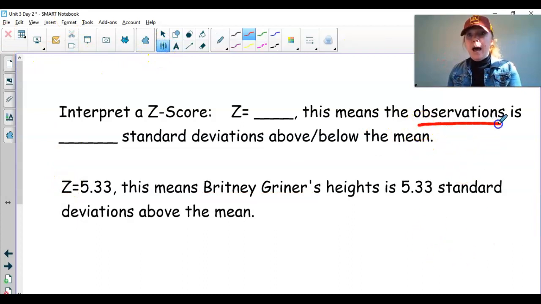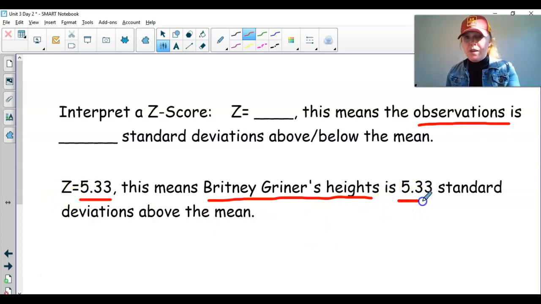Whatever that observation is, put that in context. In this case, our observation was Brittany Griner's height. You notice we filled in 5.33 standard deviations. Now, why did we choose above? We chose above because our z-score was positive. We choose below if our z-score is negative.